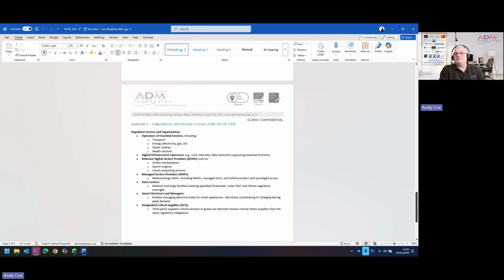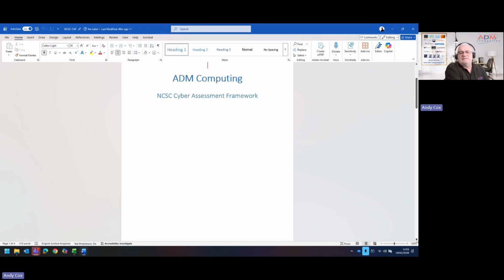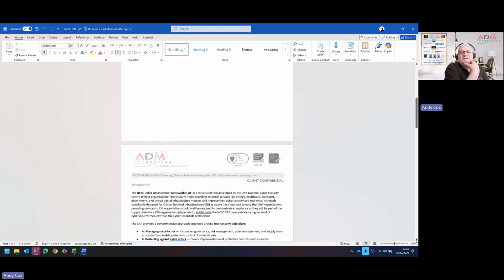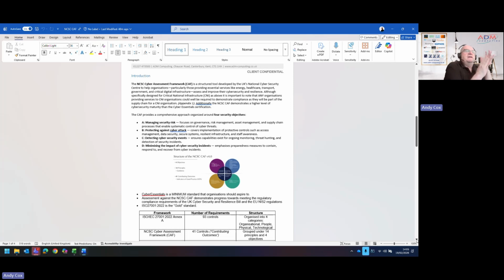So a really important takeaway here is that although it basically says that the UK Cyber Resilience Bill is targeted at critical national infrastructure, a massive requirement of it is supply chain security, which is something that has probably been ignored over the last few years.